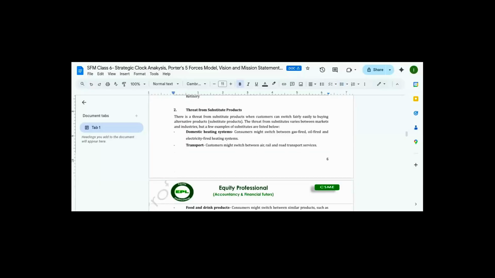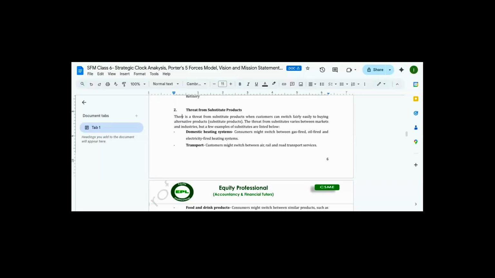The second force is threats from substitute products. By the threat from substitute products, Michael Porter says that anytime there is a substitute product, it makes doing business unattractive.